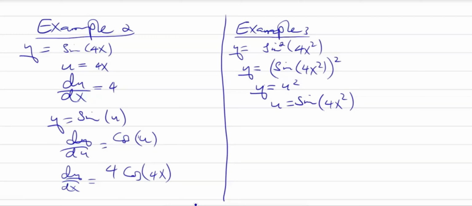So I use the chain rule again. Everything that's inside there is u again, and that's going to be another y. If I differentiate that, du over dx gives us 8x, and that will give us cosine.